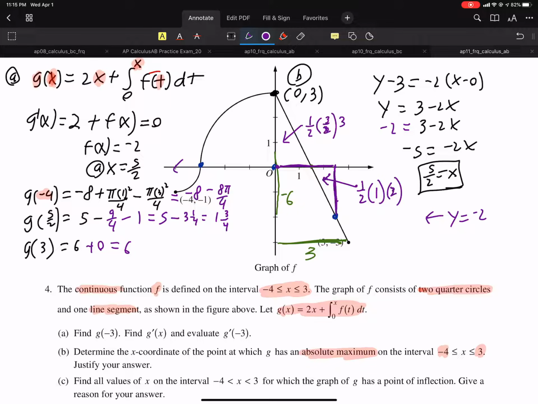We want the maximum of G. So we put in our endpoints and critical points. So we put in 3, which gave us 6, minus 0, 5/2, which is 5.